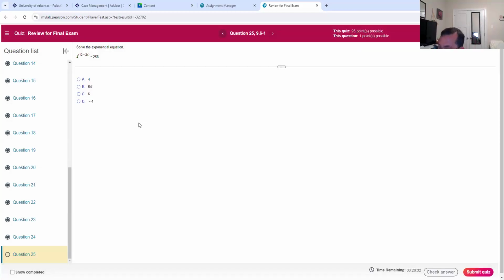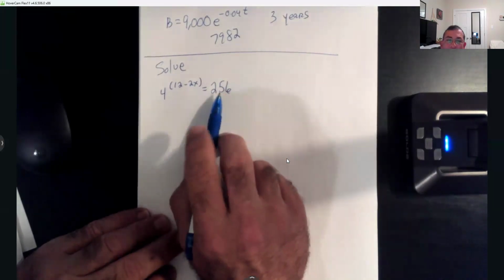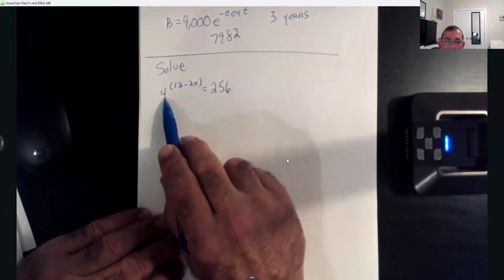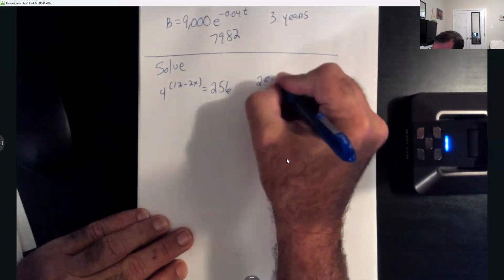And I think this last one's an equation. All right, so solve the equation. 4 to the 12 minus 2x equals 256. All righty, so the way I work mine, y'all are going to have to work y'all's that way too. So the trick on this is to rewrite the right side as this number being multiplied, okay? So I'm going to rewrite 256.